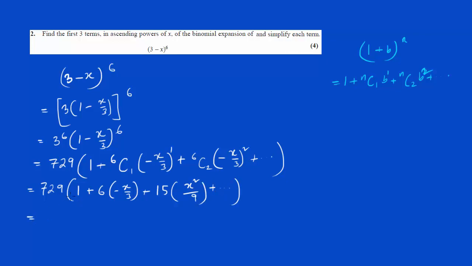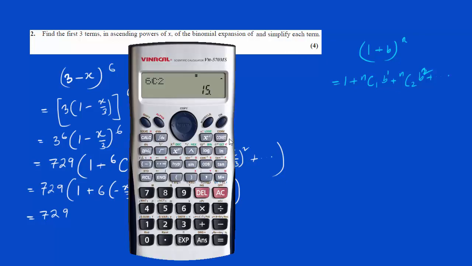Now let's simplify. 729 into 1 is 729. 6 divided by 3 is 2, and we have a minus. 729 times minus 2, that is minus 1458.